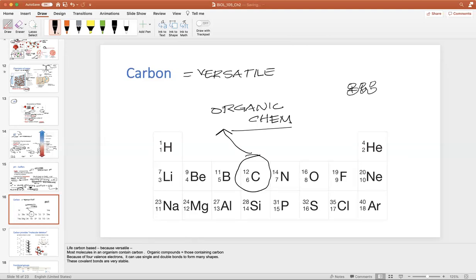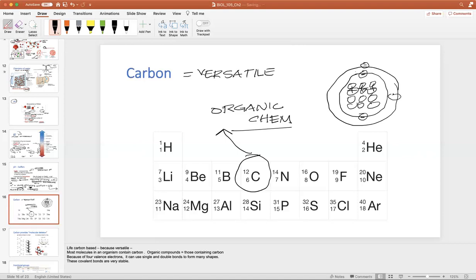I'm going to put pluses here. That also means we have 6 neutrons because we're going to say that this is not an isotope. All right, so we've got to have 6 electrons to balance out those 6 protons. So here's 1 electron, 2 electrons, and then moving back out.